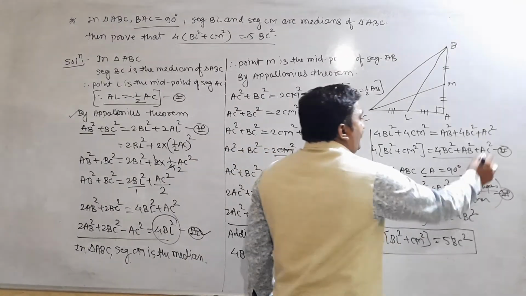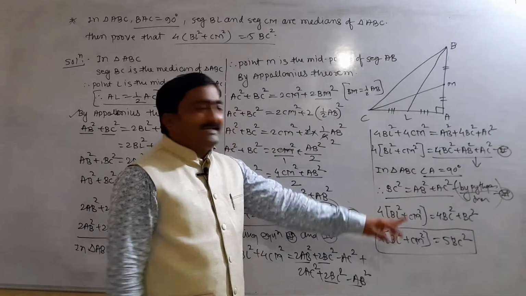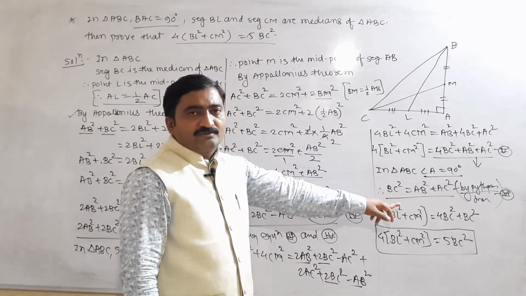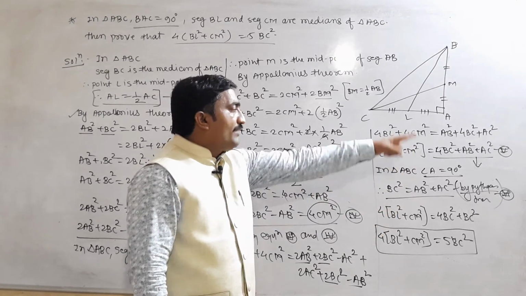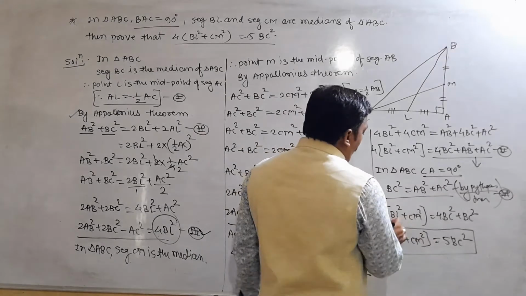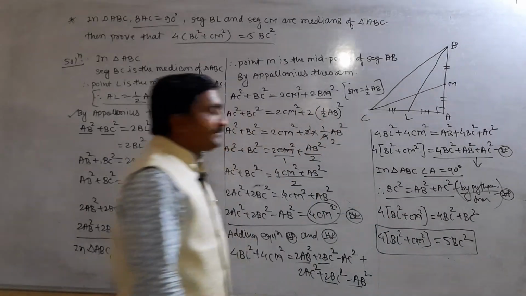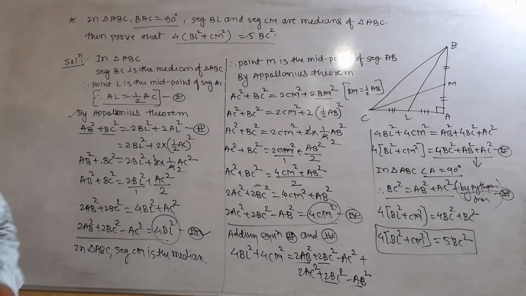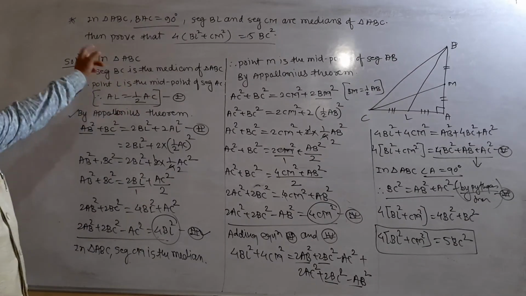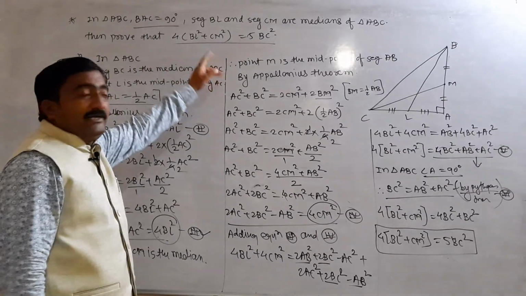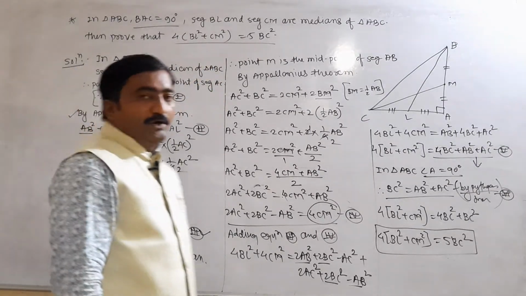For AB square plus AC square, by Pythagoras theorem, hypotenuse square is equal to base square plus height square. And from equations 5th and 6th, 4 in bracket BL square plus CM square is equal to 5BC square. In this way, we can prove the given statement in triangle ABC, where angle BAC is equal to 90 and BL and CM are medians of the triangle.